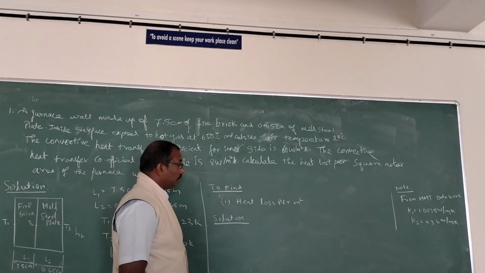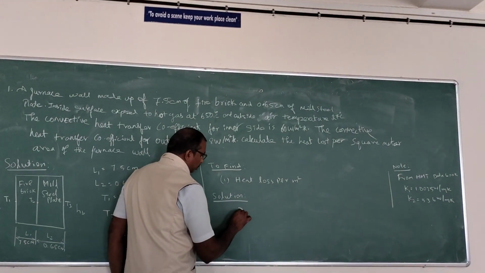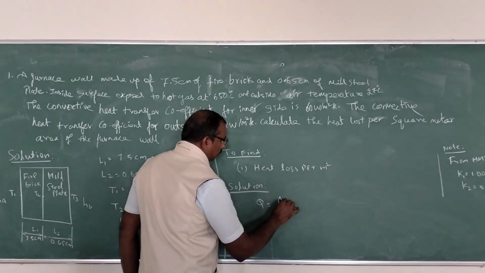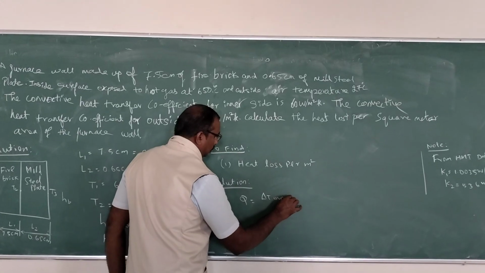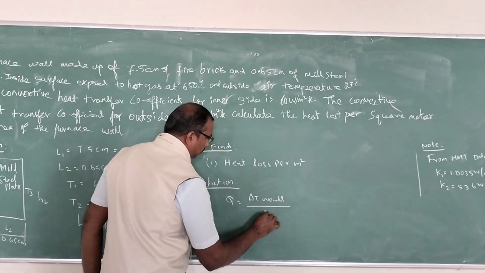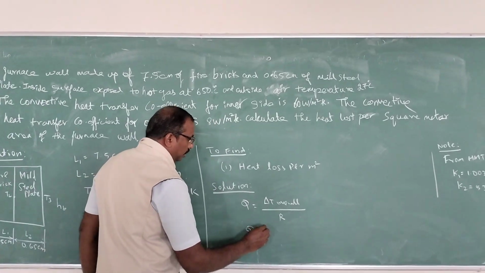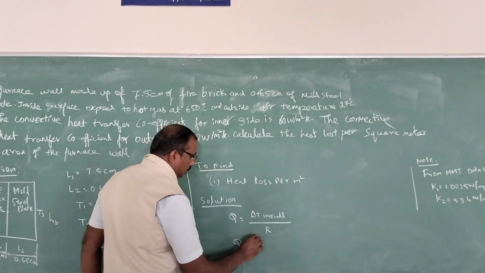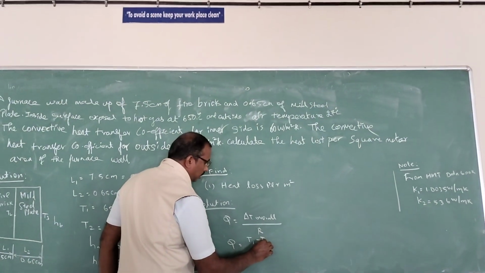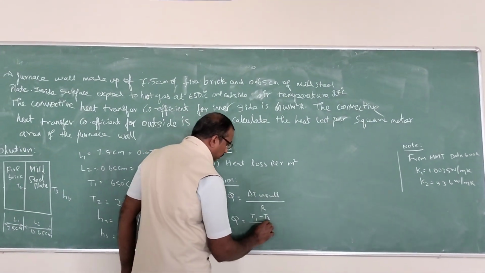We know that heat flow Q equal to delta T divided by R. Here delta T means T1 minus T3, the maximum temperature minus the minimum temperature.